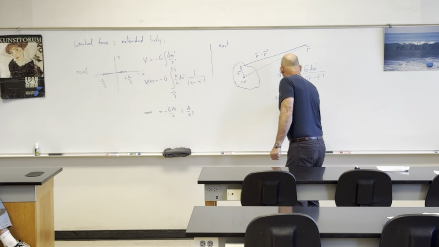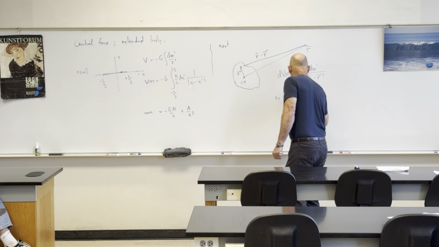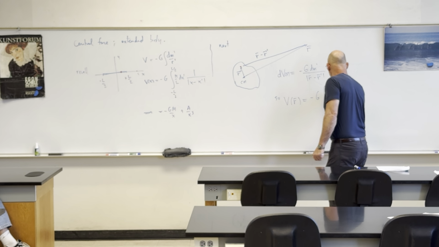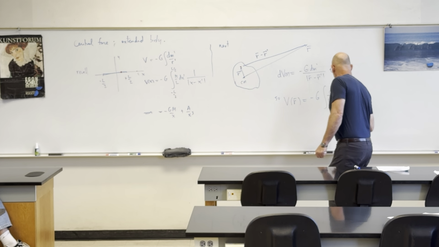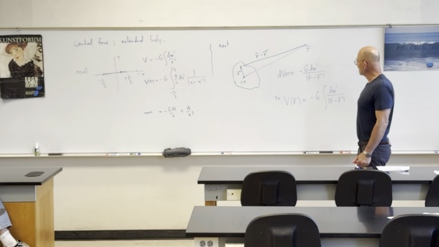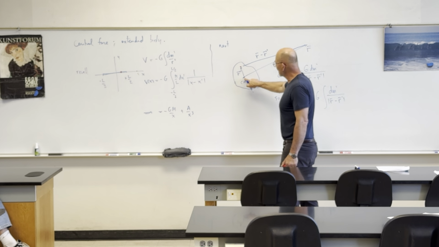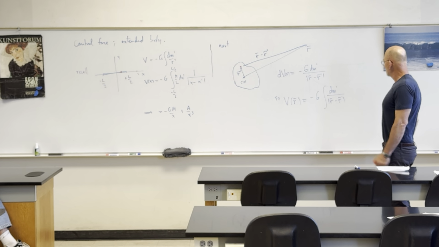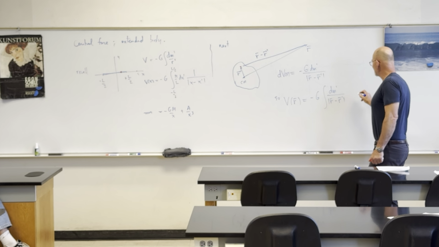So V of R is equal to minus G integral dm prime over the magnitude of R minus R prime over the entire body. And the important understanding is that we're taking the origin at the center of mass. Let's see what else. Yeah, what is this dm prime?